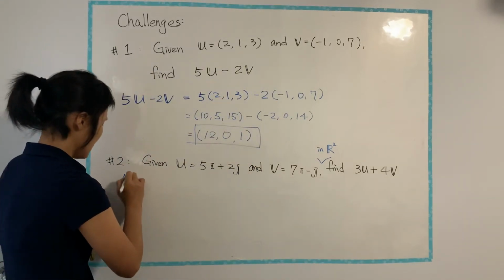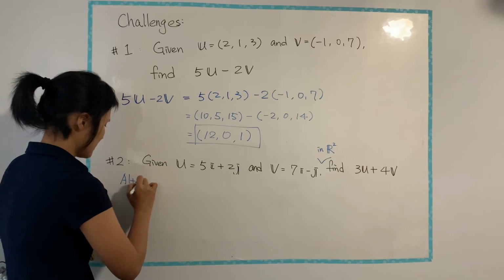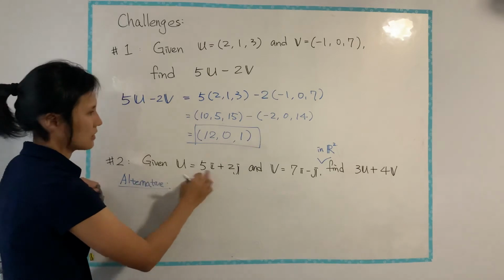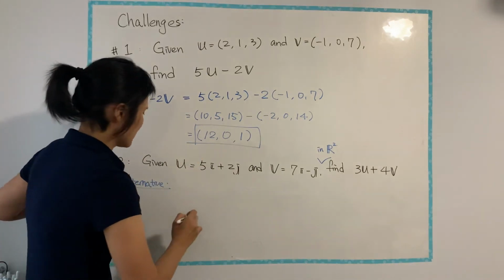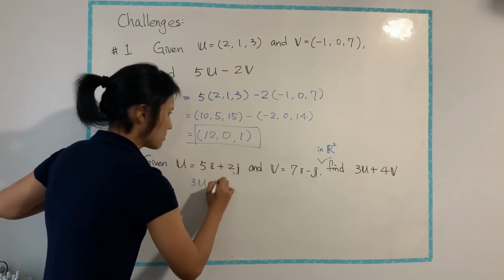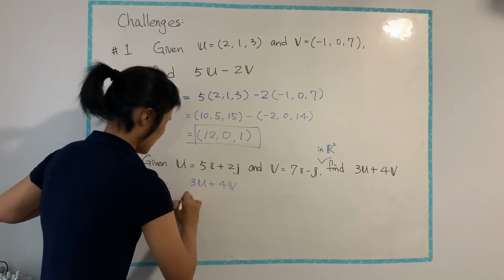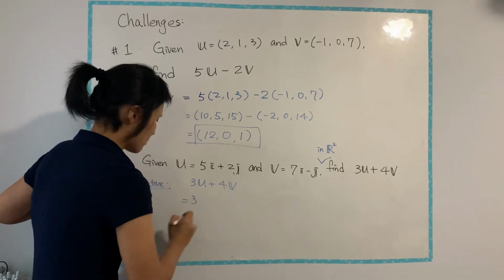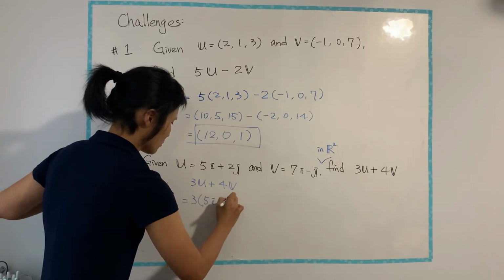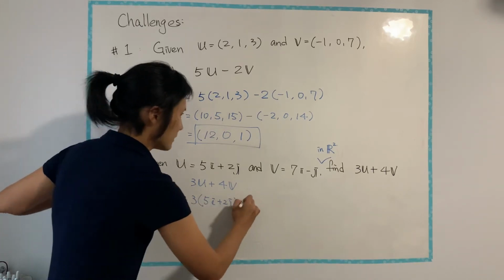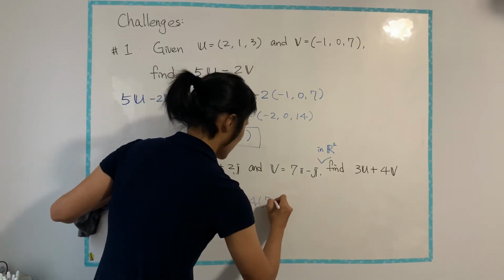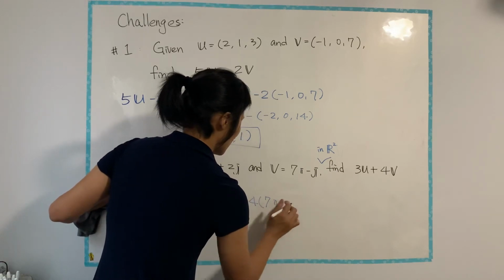I'm giving you an alternative way to find 3u plus 4v. I can write this as 3 times u, and u is 5i plus 2j, plus 4 times v, and v is 7i minus j.